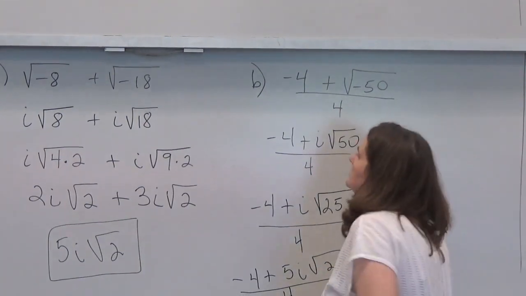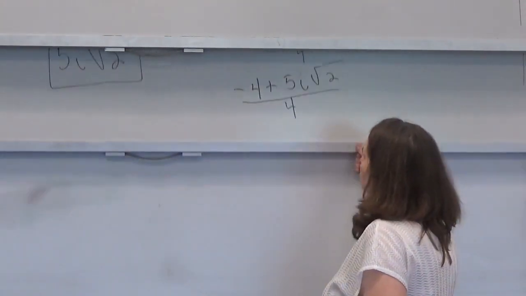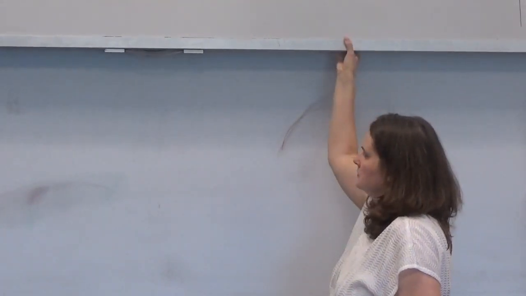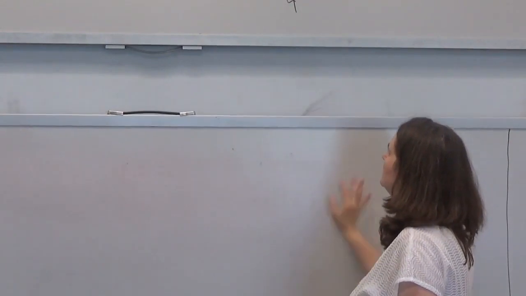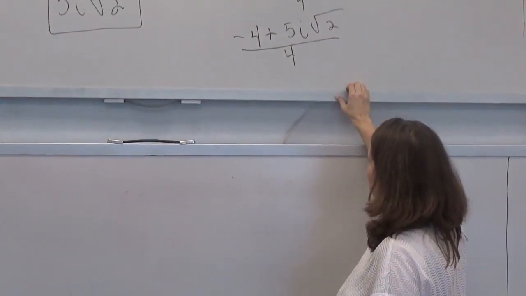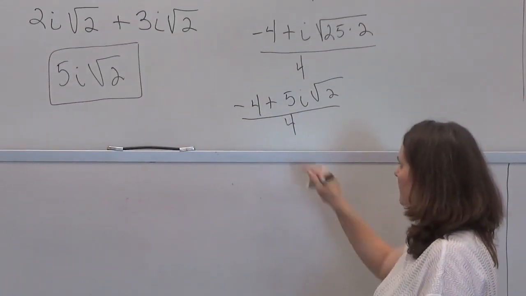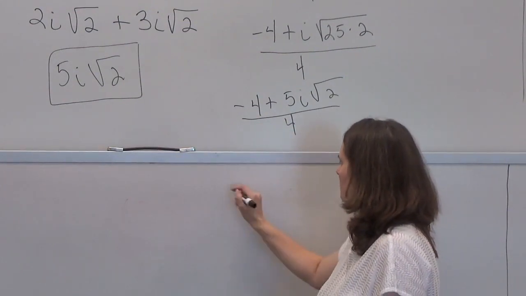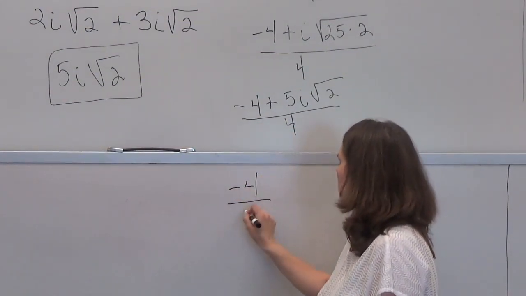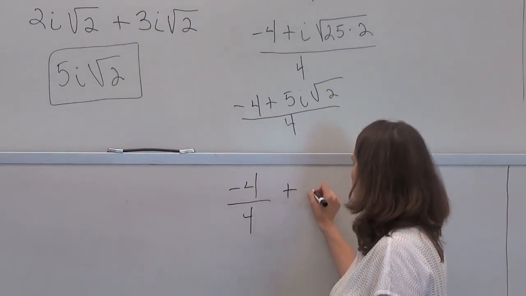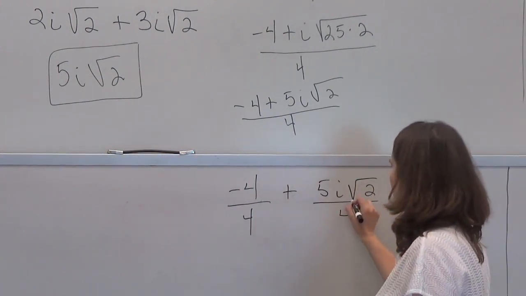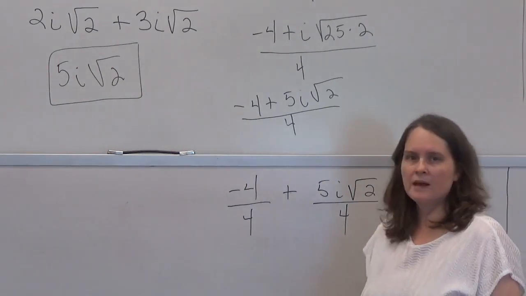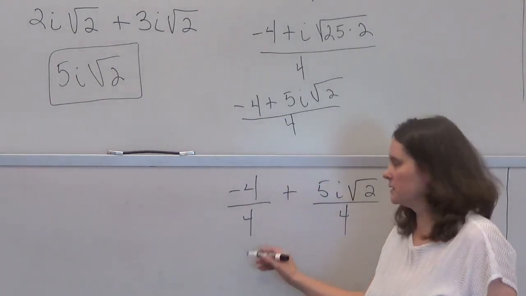So we can say that we have negative 4 over 4 plus 5i square root 2 over 4. All right, well, negative 4 over 4 can reduce to negative 1.